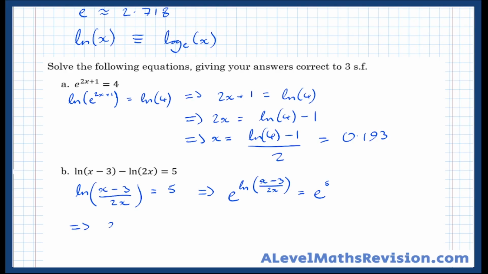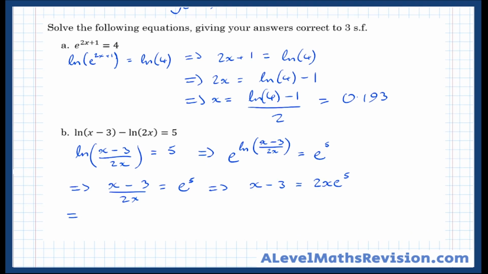Which means that x minus 3 over 2x equals e to the 5. And if we now multiply both sides by 2x, we end up with x minus 3 equals 2x e to the 5, and getting all the x's on the same side, we get x minus 2x e to the 5 equals 3.